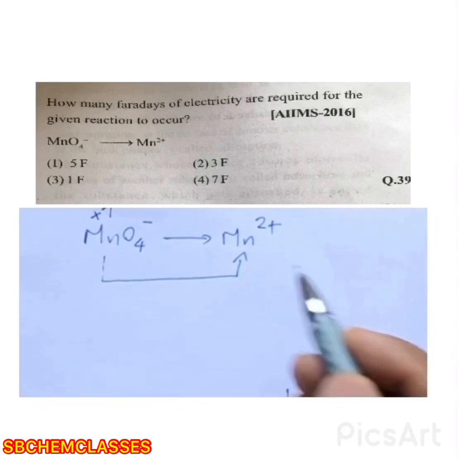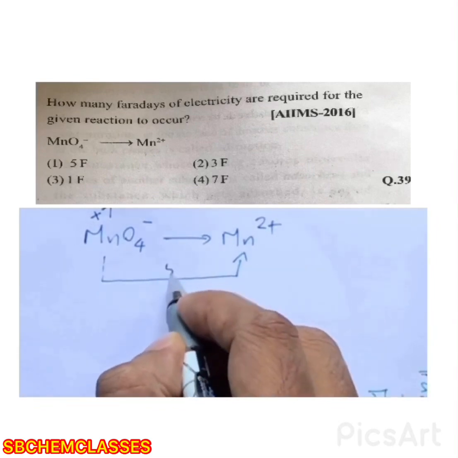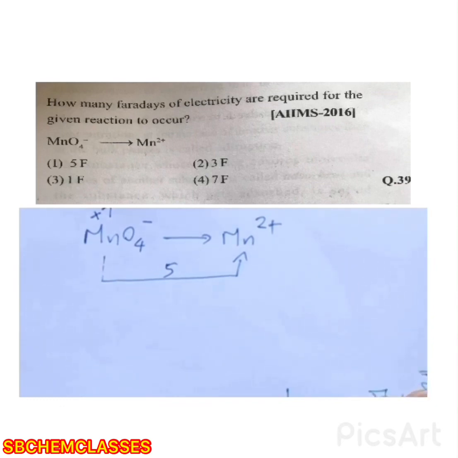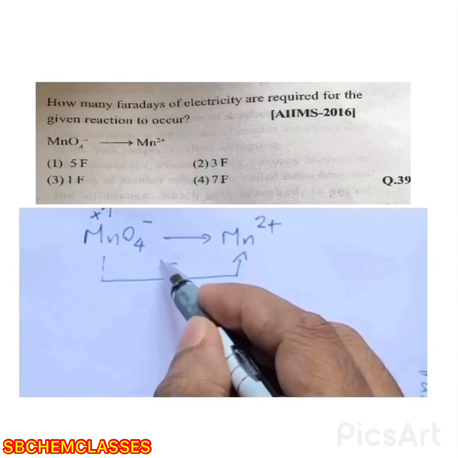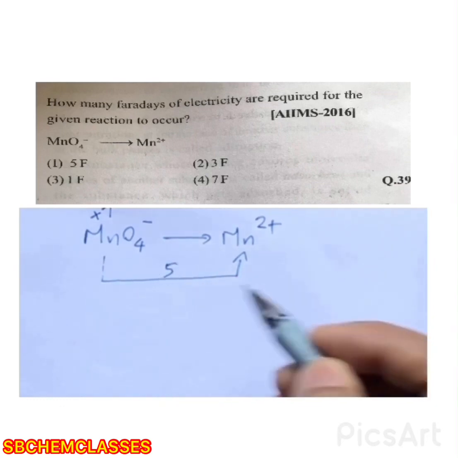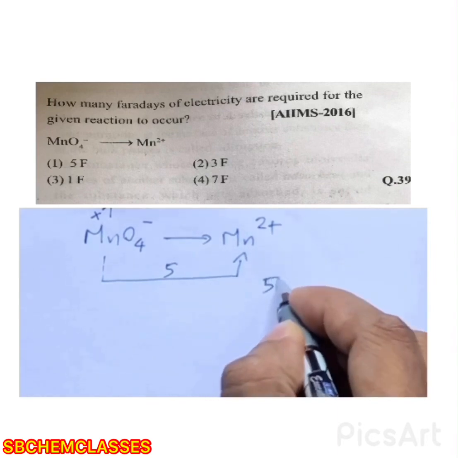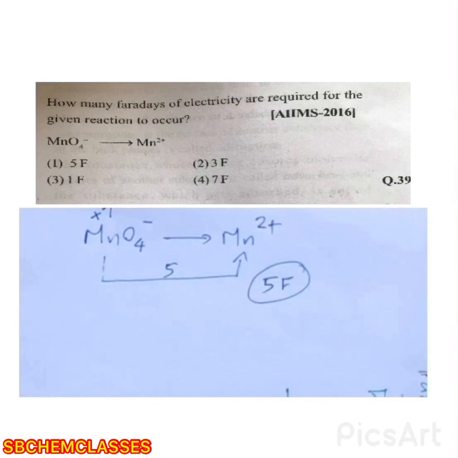Plus 7 is converted to plus 2 by 5 electron change. So to transfer 5 mole electron, we require 5 Faraday electricity. So, option 1. Very simple concept. 1 Faraday can transfer 1 mole electron. Here 5 mole electron is transferred. So 5 Faraday is required.